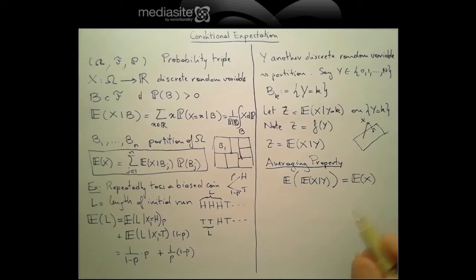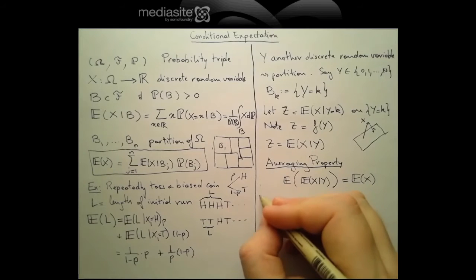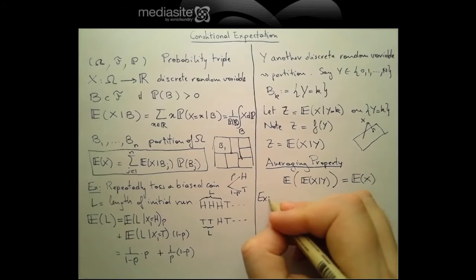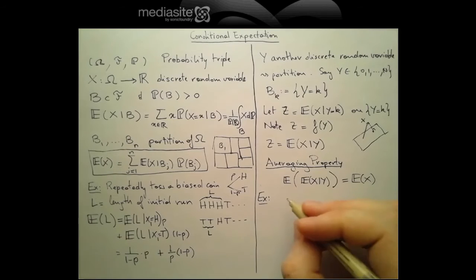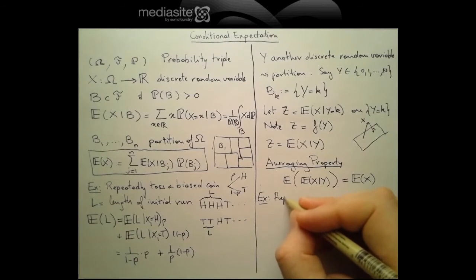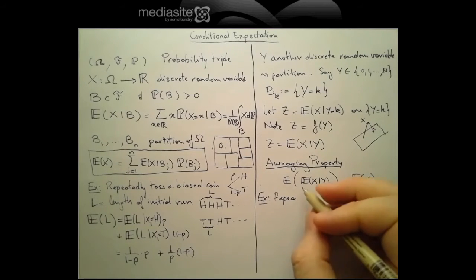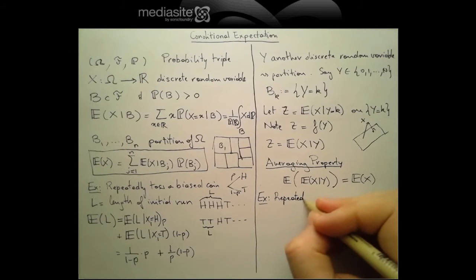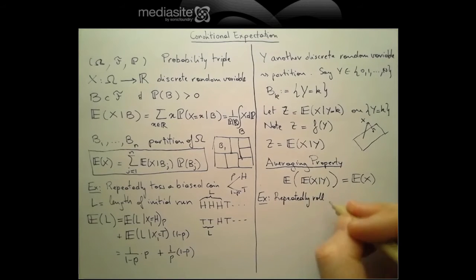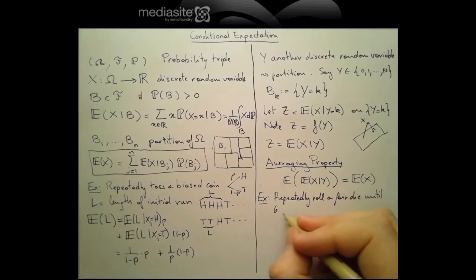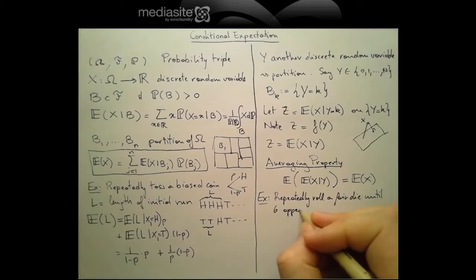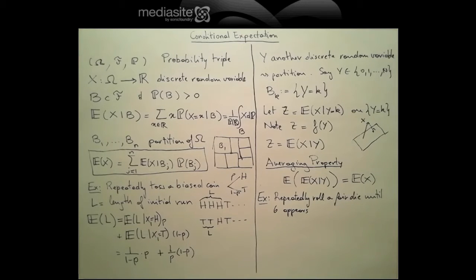Let me just give you an example instead of proving this. Let's suppose that we repeatedly roll a fair die until the number 6 appears, and then you stop.